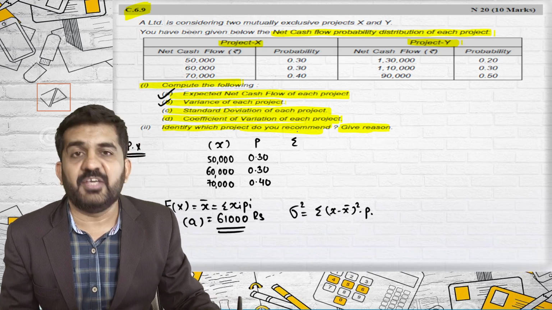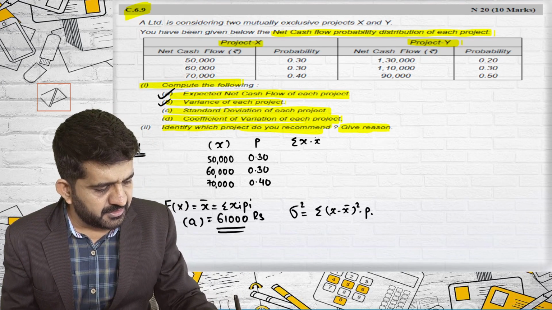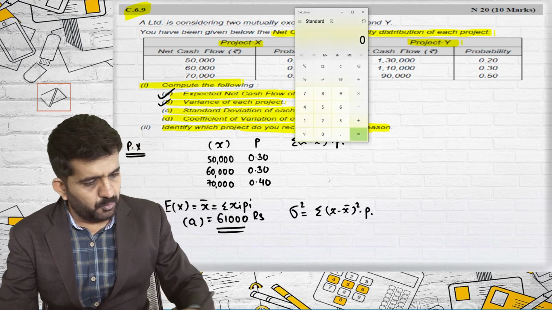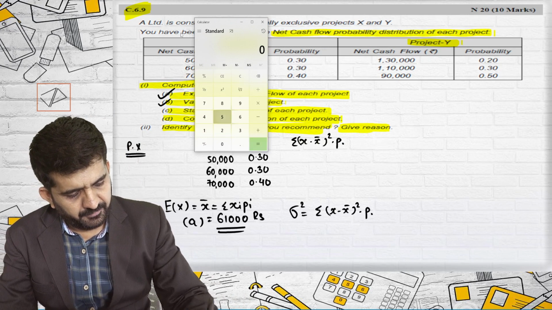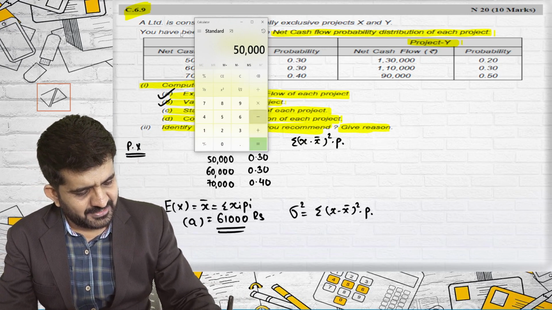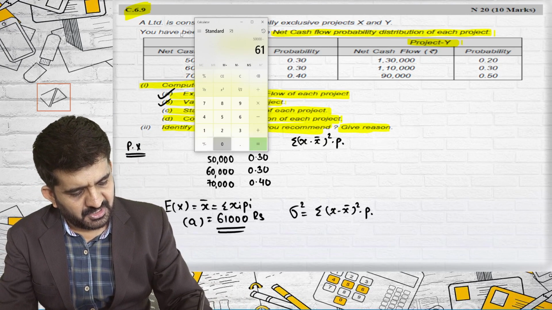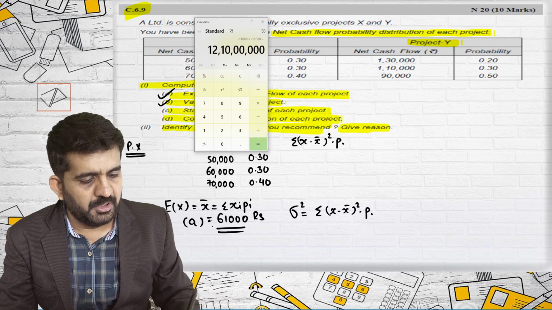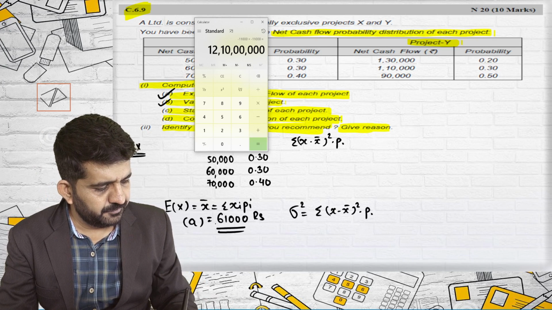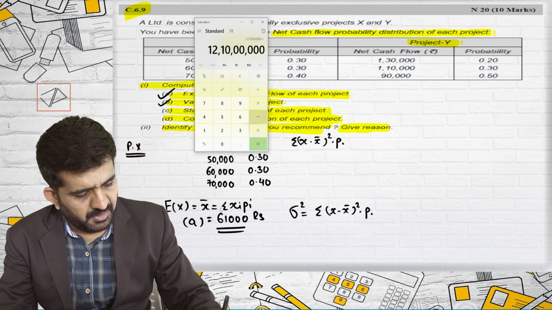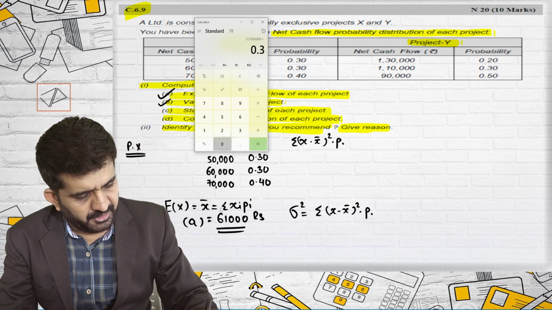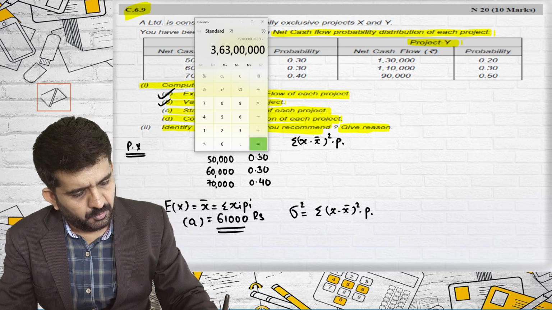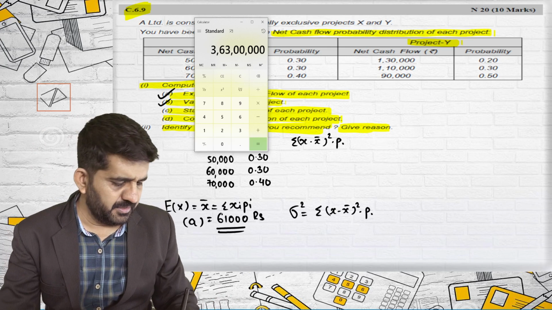I will be directly finding out in my calculator sigma x minus x bar whole square into P. If you don't understand, try to concentrate. 50,000 minus 61,000 x bar, whole square, multiplied by 0.30, is equal to M plus.